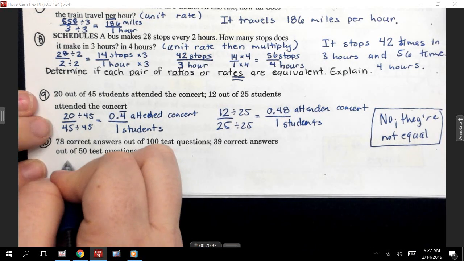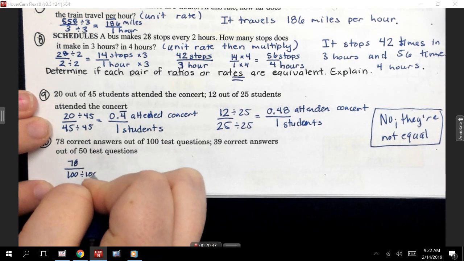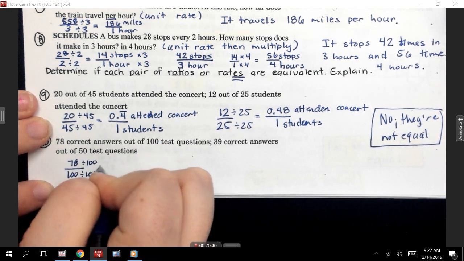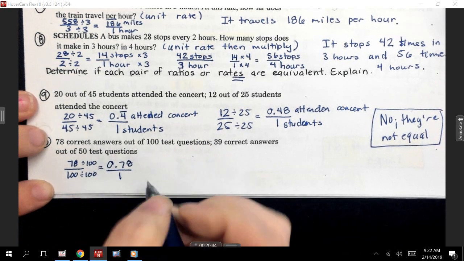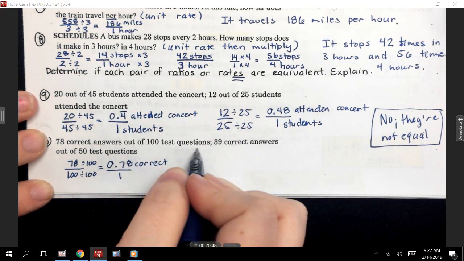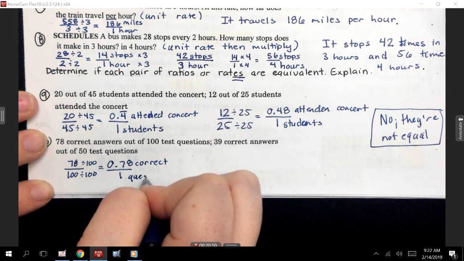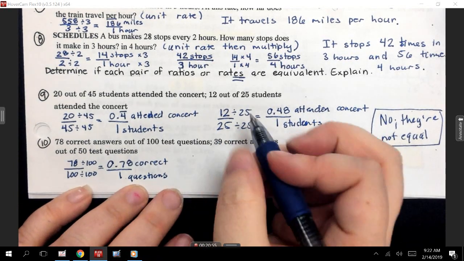Next one, we have 78 and 100. Dividing by 100, I get 0.78 over 1. The top is talking about the ones that are correct. The bottom is talking about the questions. All right.